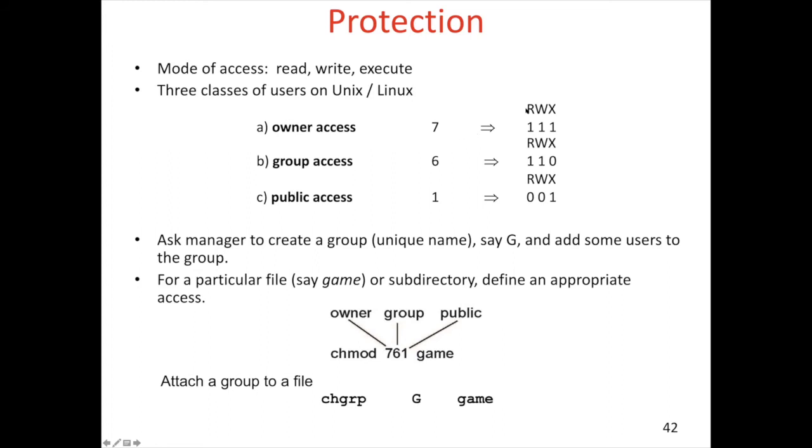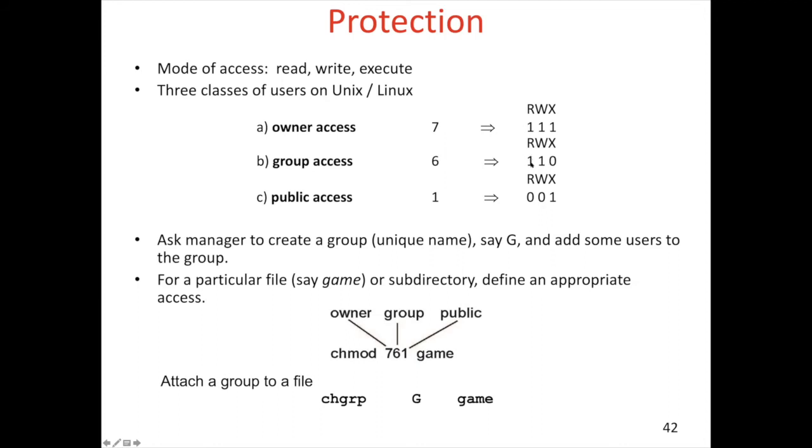For example, if read, write, and execute is to be permitted for the owner, we have 1, 1, and 1 for each of them. So this corresponds to octal 7. For the group access, suppose that we want to give read and write permissions, but no execute permission.